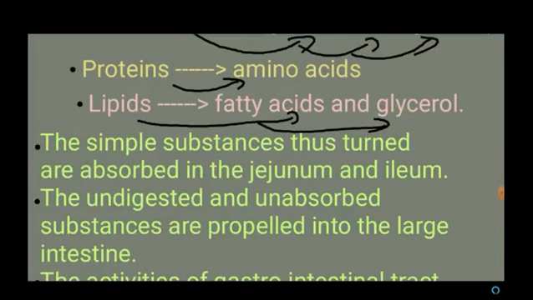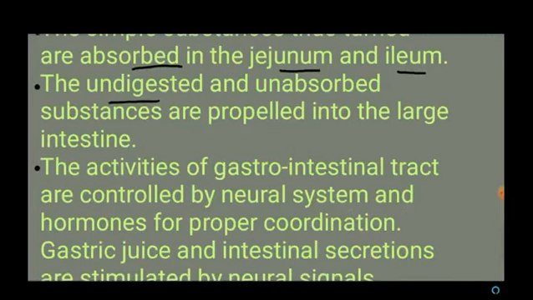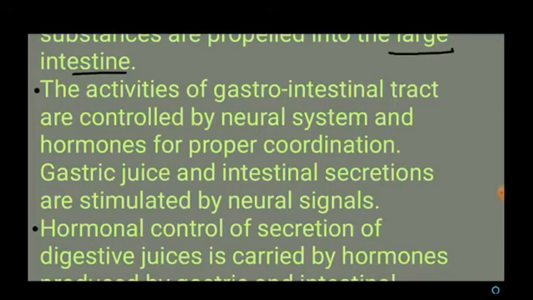Thus, the simple substances thus formed are absorbed in the jejunum and ileum, and the undigested and unabsorbed substances are propelled into the large intestine. Here, the activity of the gastrointestinal tract is controlled by the neural system and hormones in order to bring out proper coordination.